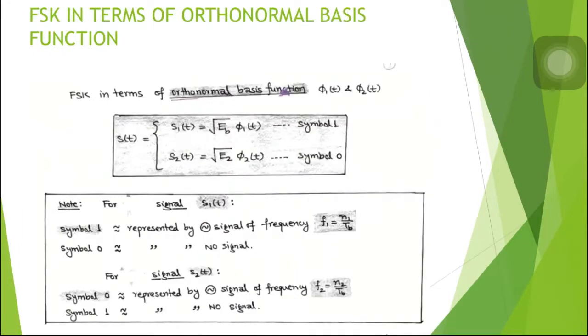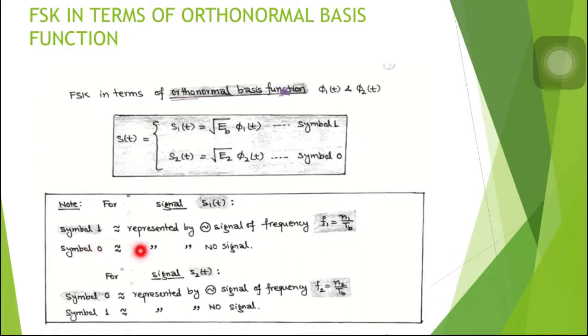So in the orthonormal basis function, we will get something like this. How are we going to get this? FSK in terms of orthonormal basis functions phi1 t and phi2 t. Symbol 1 is represented by a sinusoidal signal of frequency f1 equal to n1 by TB.